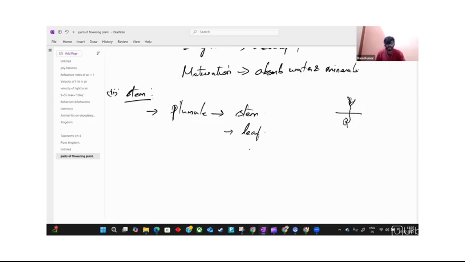Further cell divisions result in the formation of the leaf primordium. The region between two adjacent nodes is called an internode.